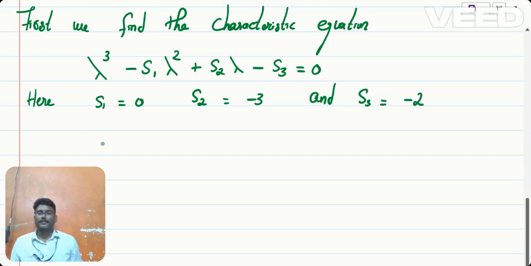The characteristic equation is lambda cube minus 3 lambda plus 2 is equal to 0. Next, eigenvalues.